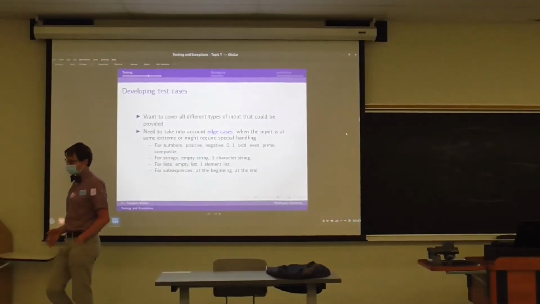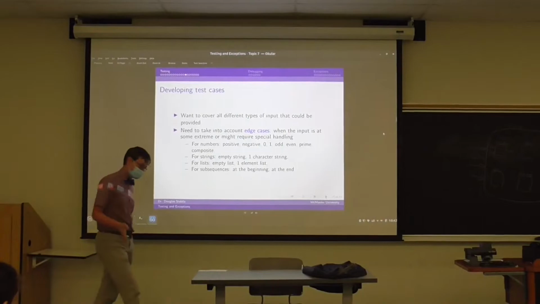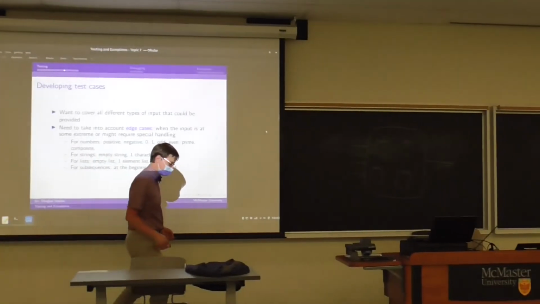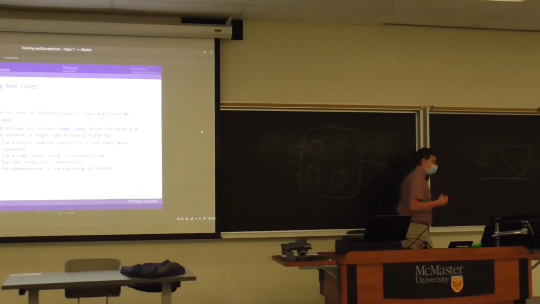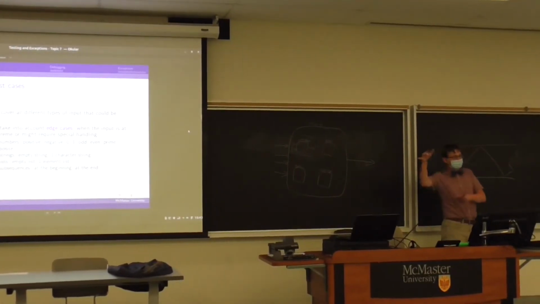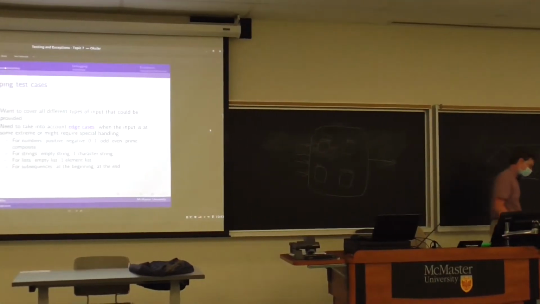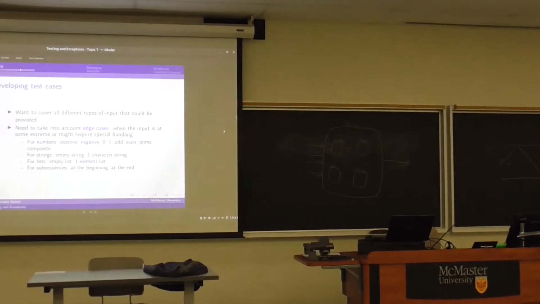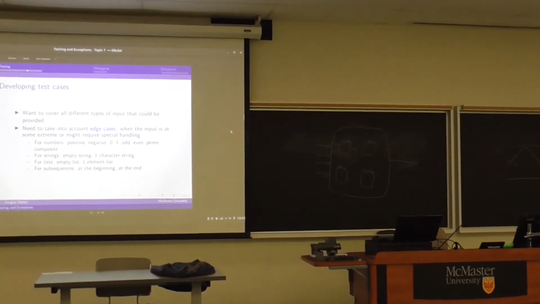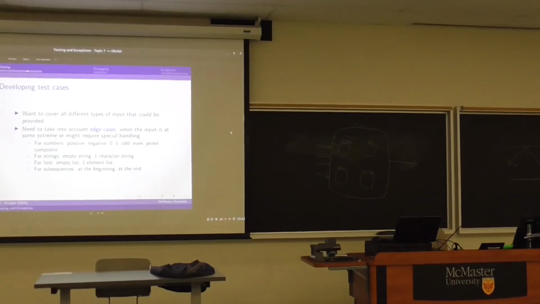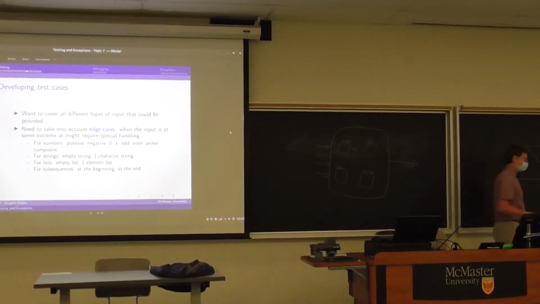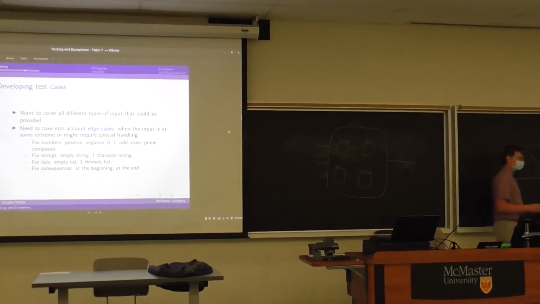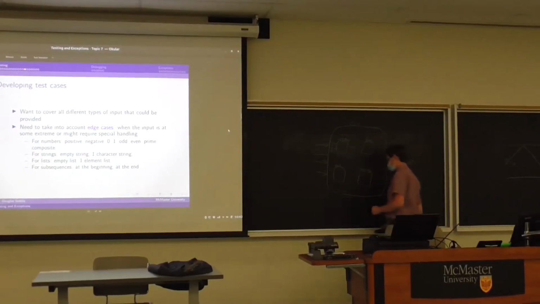It's not just a matter of picking random numbers inside of the input space. Generally, what you're trying to hit with these types of test cases is you're trying to hit the exact boundary of loops and the exact boundary of if statements.